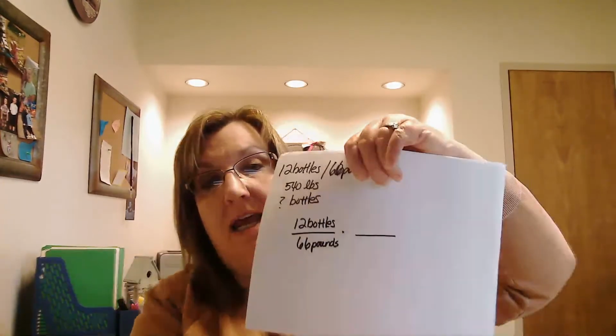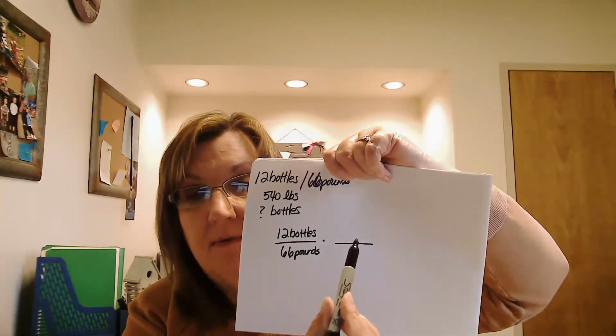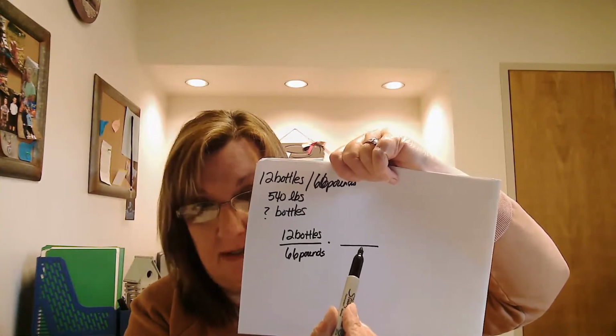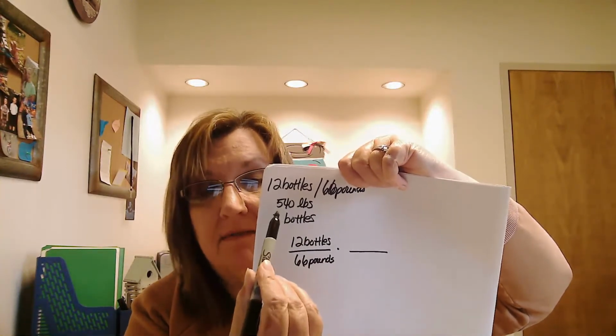And then we have pounds on the bottom here. If we have pounds here, then what are we going to go with here? Pounds, right? What in this problem do we see pounds? 540 pounds, right? So we use this second one, 540 pounds. So we scratch that out.